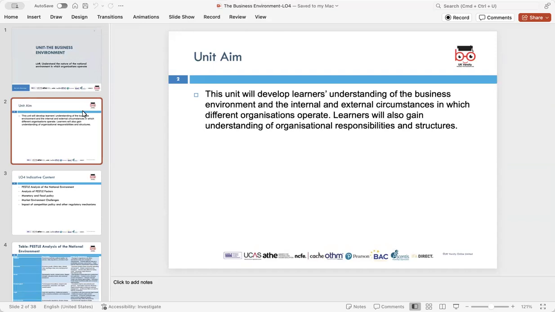So by the end of this unit, you will have developed a thorough understanding of the significance of PESTLE analysis in evaluating the national environment, the influence of monetary and fiscal policies on business operations, the challenges posed by the market environment and strategies to overcome them, and the impact of competition policy and other regulatory mechanisms on business activities.